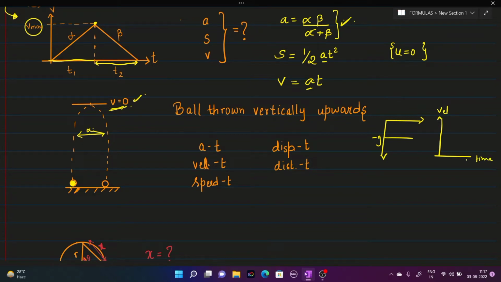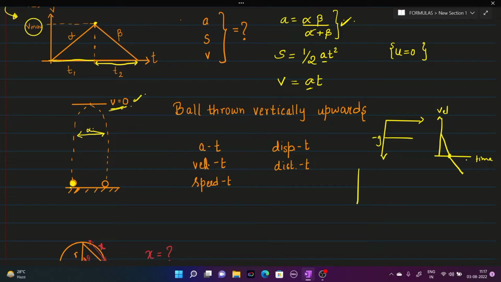In velocity versus time, we see first as it's thrown upward, velocity becomes 0. That is, velocity is constantly decreasing. Okay, then it goes on increasing. Okay, so we'll draw it like this. It's decreasing, it reaches a 0 point. Okay, and then velocity has the ability to become negative. Okay, so it negatively increases. So this is the graph of velocity versus time.